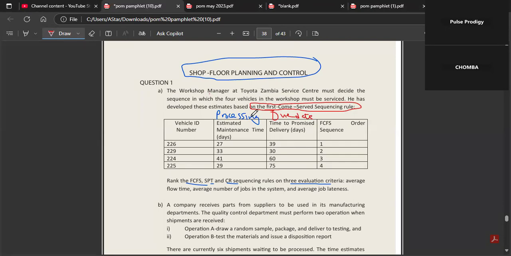Okay. Then just add the flow time and the job lateness. So you just add the criteria, the averages. That is the flow time, job lateness.